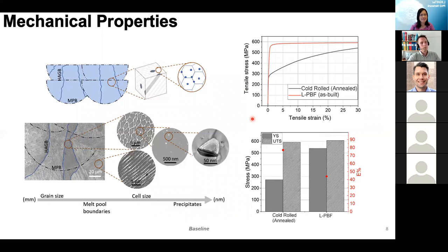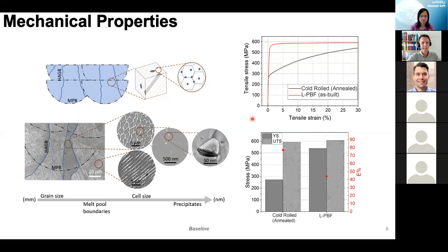So this high energy laser beam creates a very complex microstructure consisting of large elongated grains that grow along the building direction. And those are separated by high angle grain boundaries. Inside those large grains, we have something known as a cellular structure or subgrains, and they are maybe 0.5 to 1 micron in size.